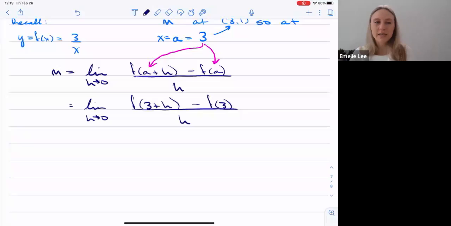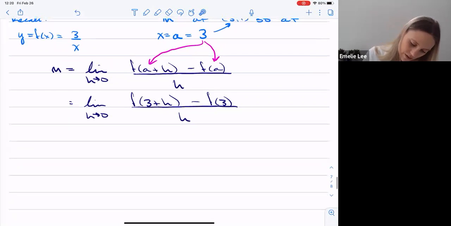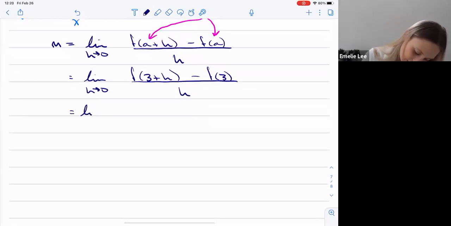And remember, we're just letting h go to 0. When we worked with these functions before without limits, we found that this h usually cancels out. So we need to rework this until this h cancels out and then take the limit as h goes to 0.